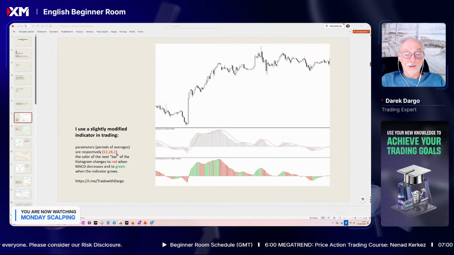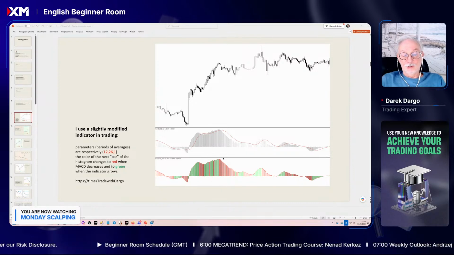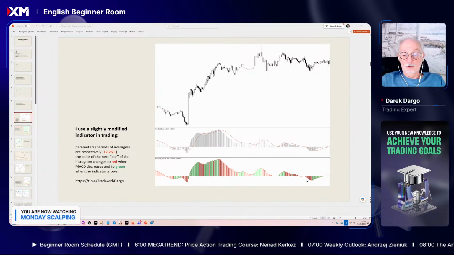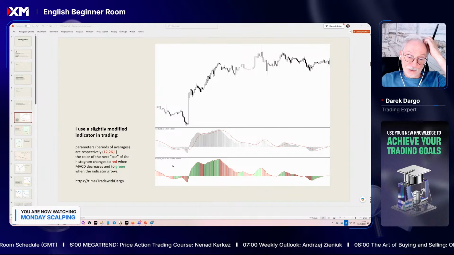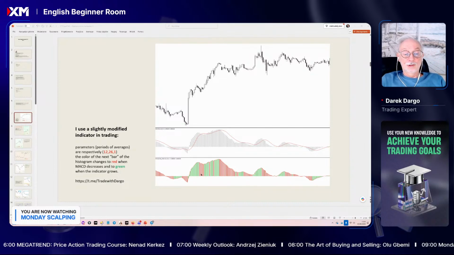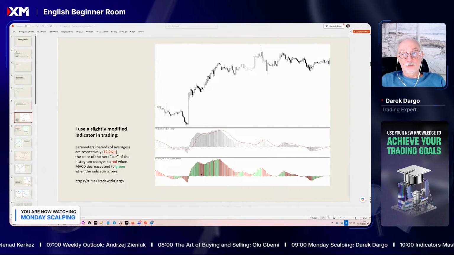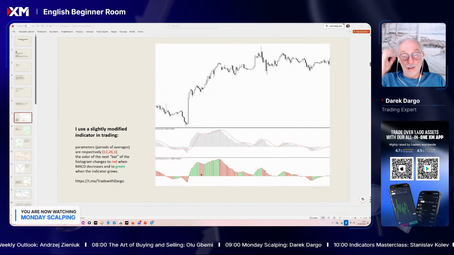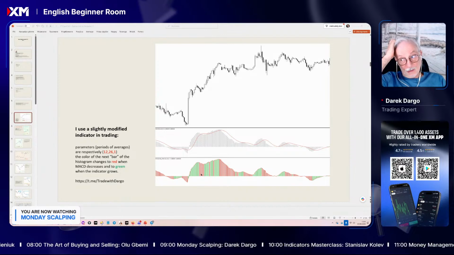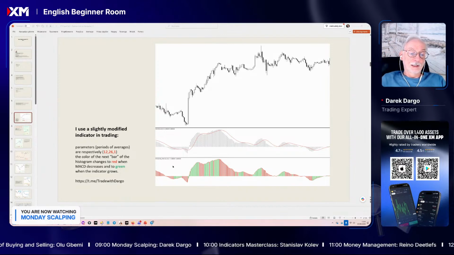I put 1, then it's just creating a border around the MACD. MACD is this histogram here. What is MACD? MACD is the difference between two exponential moving averages, and those moving averages have the periods 12 and 26.